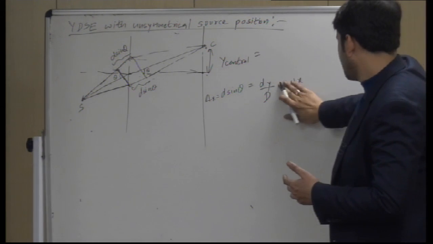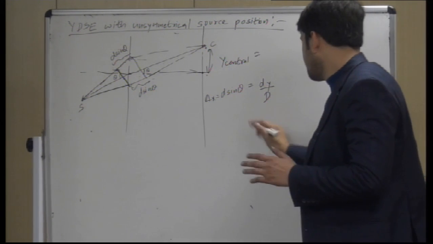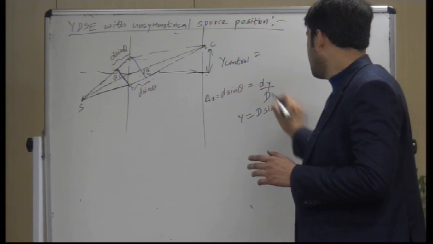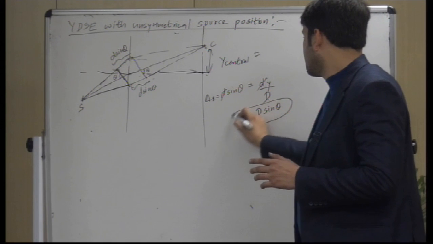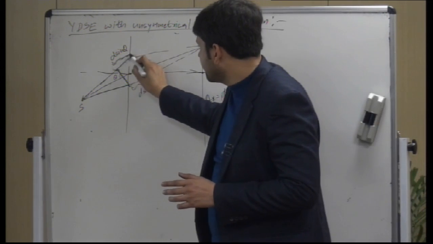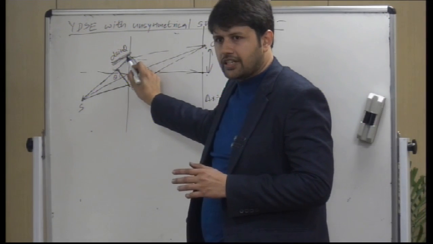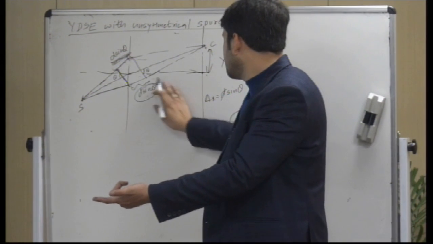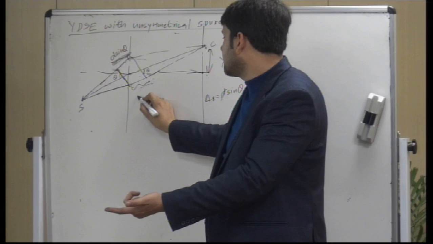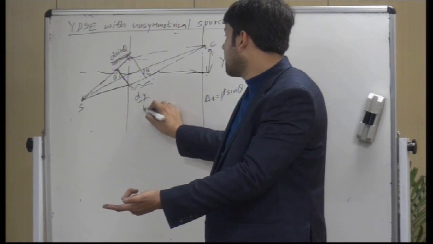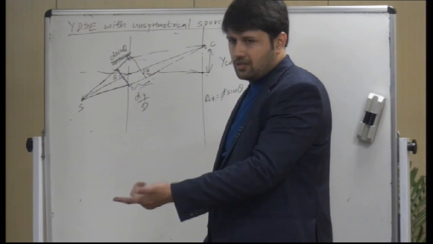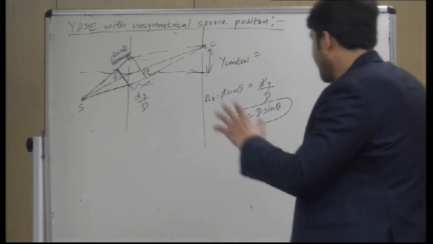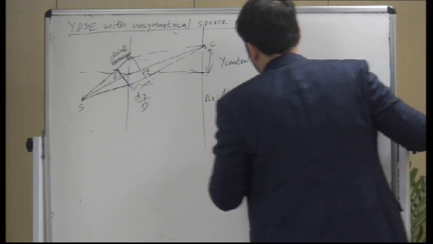Actually, in this case, I would not be doing this. In this case, y should become d sin theta. This d cancels. d sin theta is the path difference on the left hand side, and on the right hand side, the path difference is dy by capital D. The sin thing is actually the same on both sides.